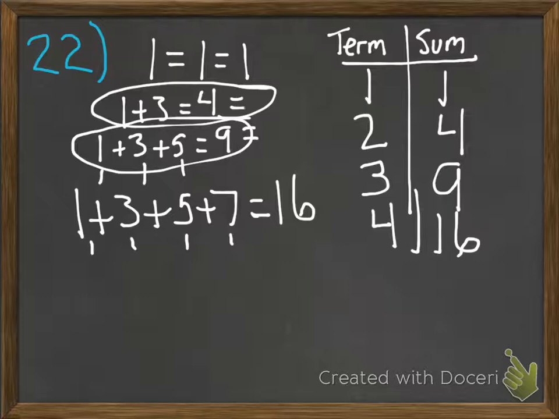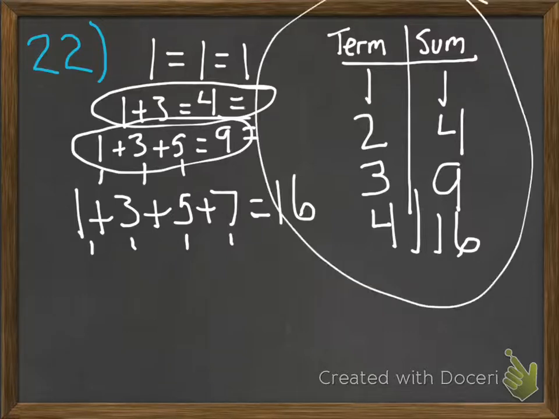Okay, so now if I look at this pattern, what do I see if I'm looking at the table? I see this top number. If I have 1 term, that ends up being 1 squared. Do that in another color so it stands out.